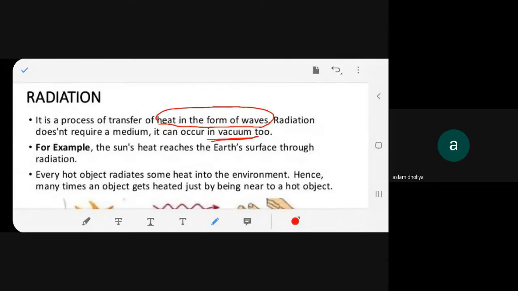Now, what is vacuum? Vacuum is a place where there is no air. For example, we are in a room, right, beta? I'm taking a lecture of yours. Now, suddenly, someone takes out the air from the room. First of all, we will die because we need air for breathing.